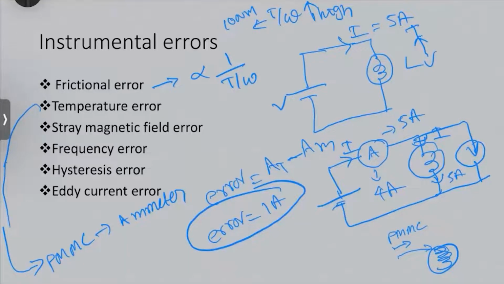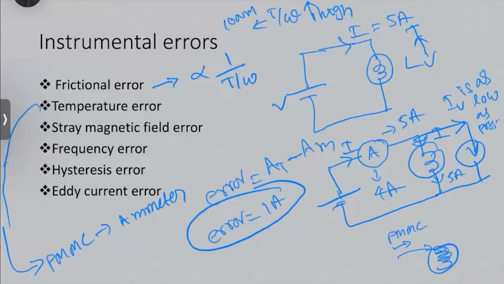That means the current through the voltmeter should be as low as possible, then only you can maintain the circuit conditions. Otherwise, if the voltmeter draws more current, the load current is going to be disturbed. So the meters you connect should not affect the circuit parameters, current and voltage. For that we design our meter such that it draws very low current.